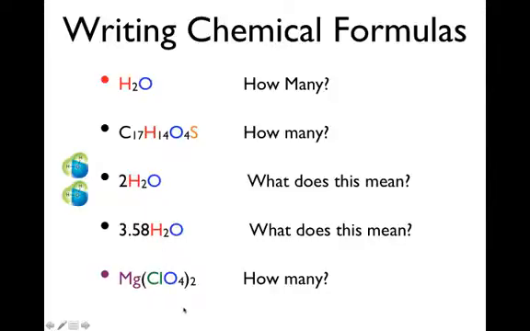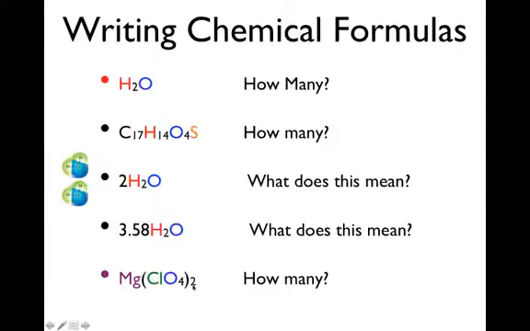And then here's the last one, just to focus on these parentheses again. We can ask how many magnesiums in this molecule. Well, here's the symbol for magnesium. There's no subscript immediately to the right, so there's 1 magnesium. Then we could say how many chlorines in this molecule. Well, inside of the parentheses, there's no subscript immediately to the right of the chlorine, so there's 1 chlorine inside of the parentheses.